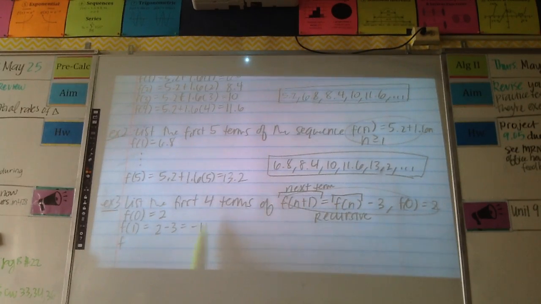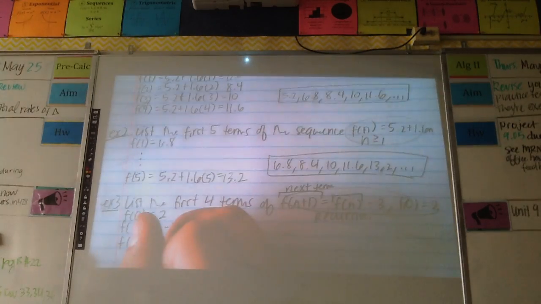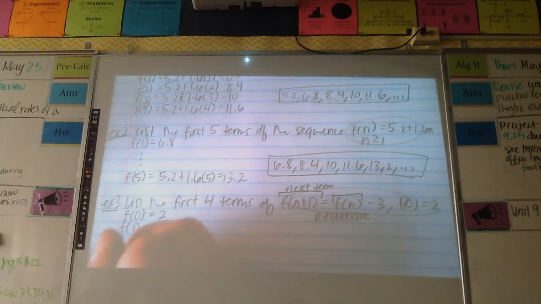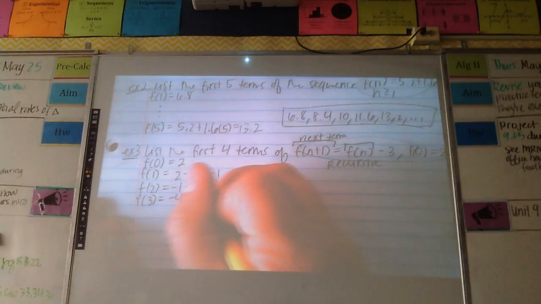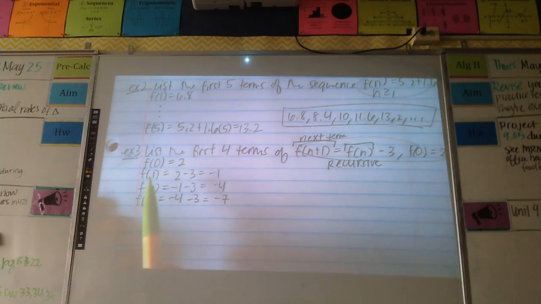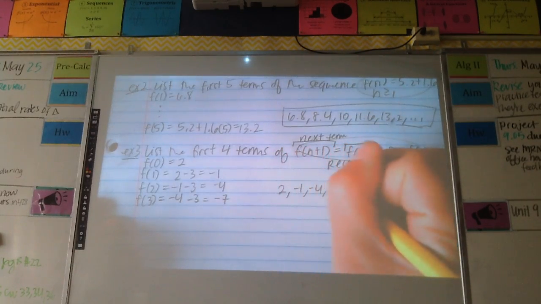This time my last one is negative 1, and I subtract 3, I get negative 4. My next term, I take the last term, subtract 3, and I get negative 7. Here are my first four terms, an initial and 3 additional terms: 2, negative 1, negative 4, negative 7, and so on.